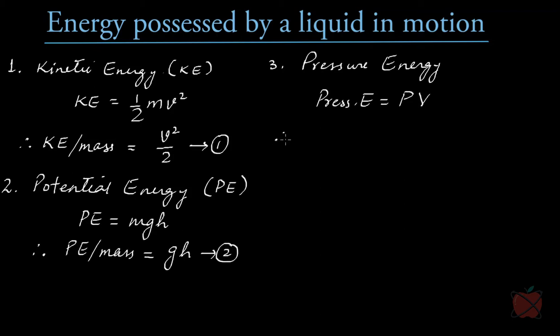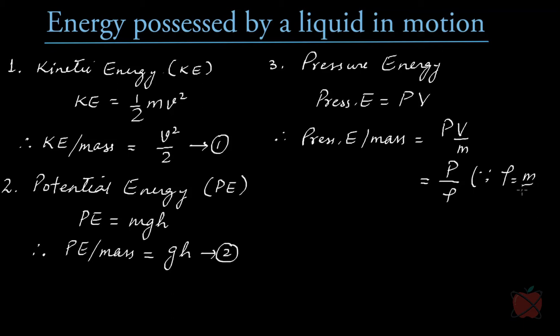Therefore, pressure energy by mass will be PV divided by mass. But we know very well that mass by volume is nothing but the density, since density is mass by volume. So you have pressure by density. All right, so these are the three types of energies.